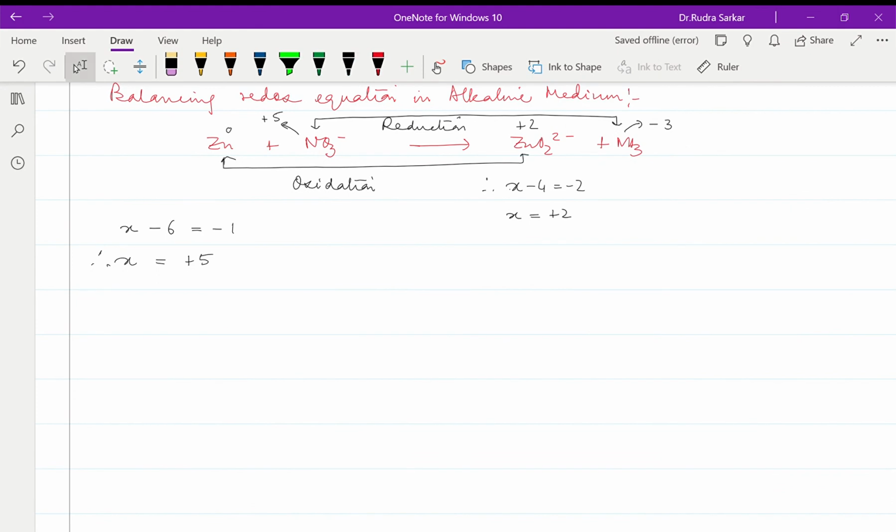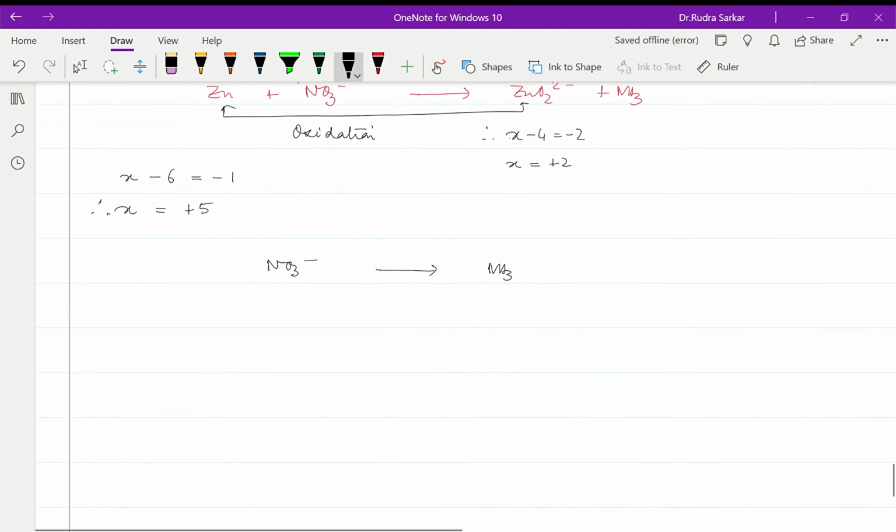Now having identified both these things, what we need to do over here is we write the half cycle for NO3-. So we write NO3- and we have NH3. Okay, that is what we do.